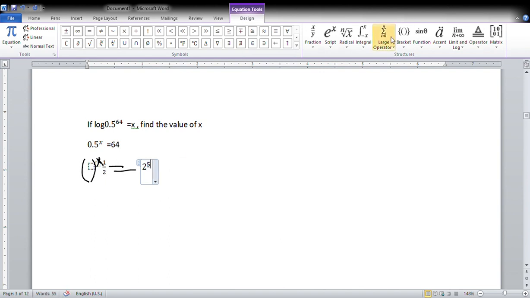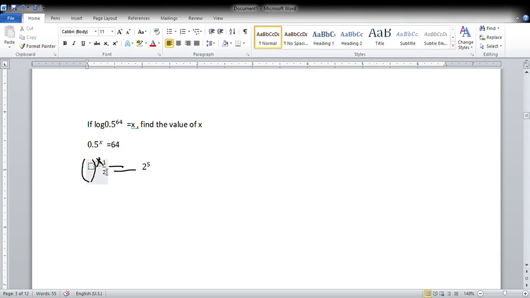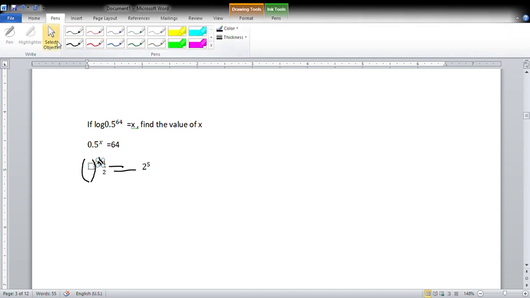2 to the power 5 is 64 there, and I made a mistake there. Just 1 by 2. Select object, just a minute.